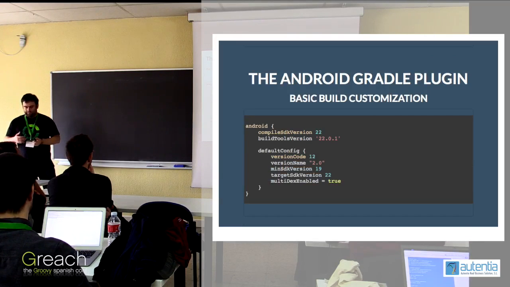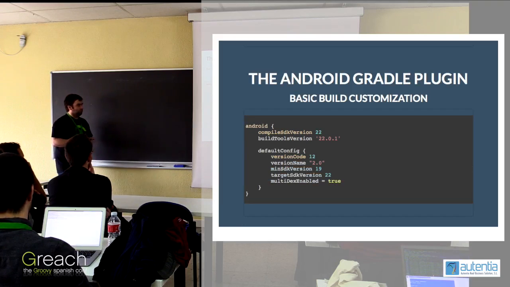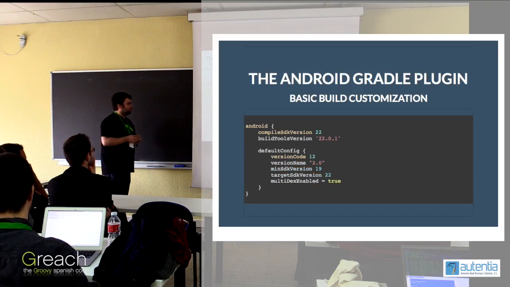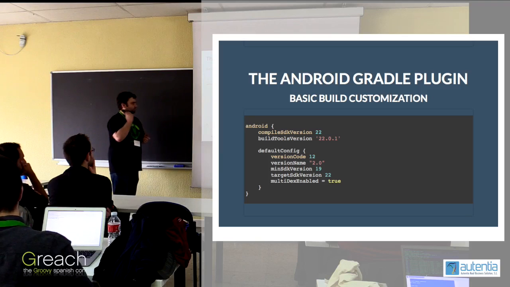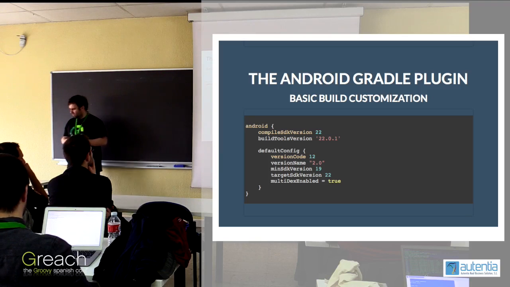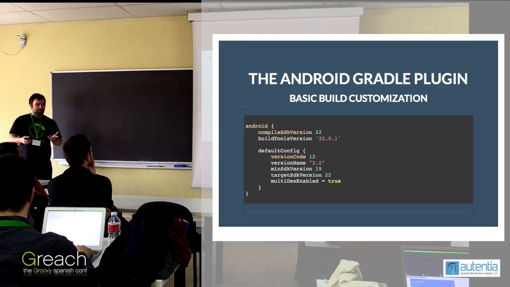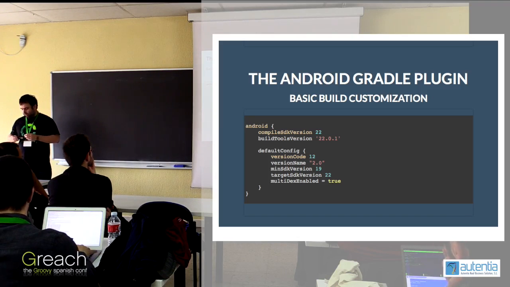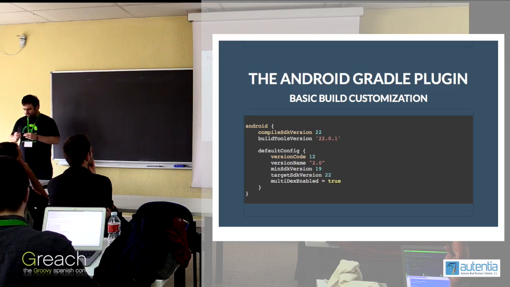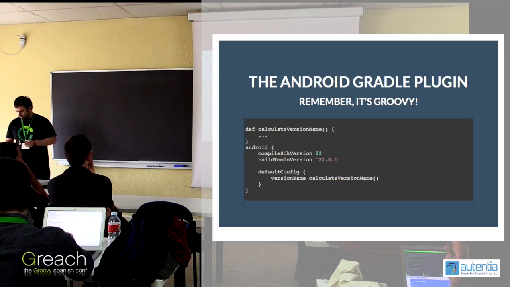So first step of customization is there's a defaultConfig block where I can set different properties. I haven't listed all of them here, but things like the minimum SDK version you want to support, you can give it a version name or customize the way all the dexing is handled.